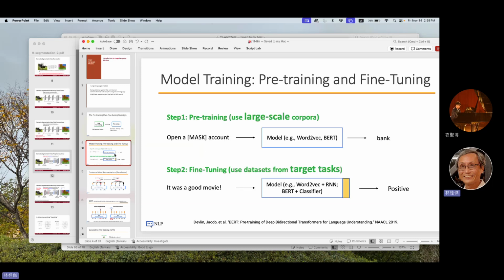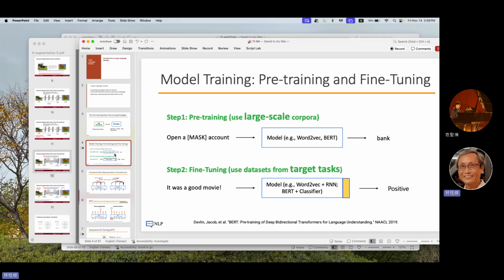So after the two steps, we can come up with a model which can already do some things, such as hiding some word in an original sentence and asking it to say what the word should be. Because your model has read enough information, it can associate that when you say open, when you say an account, most likely this is going to be something about a bank.